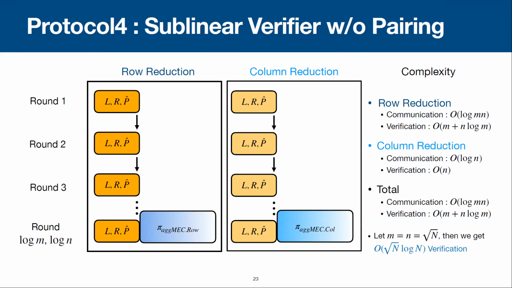And this is the complexity. The total communication is O(log mn), and the total verification is O((m plus n) log m). Letting m equal n equal square root of n, we get O(square root of n log n) verification.